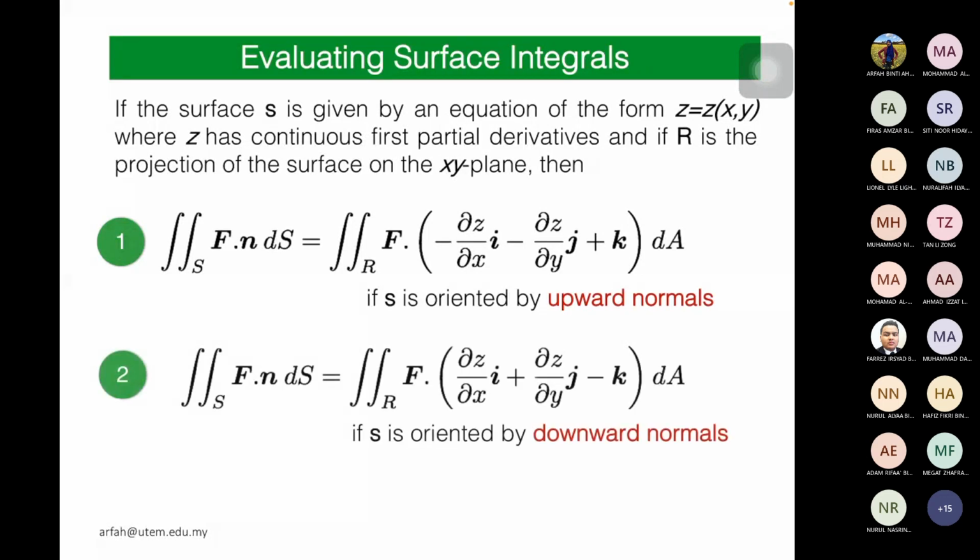Okay, and if the surface integral for vector F multiplied with the unit normal vector, the flux integral of vector F, will be equal to the integration over the bounded region R of F dot delta z over delta x i plus delta z over delta y j, that is the partial derivatives with respect to i and j, minus k, given that the integration is over dx dy, if S is oriented by downward unit normal vector.